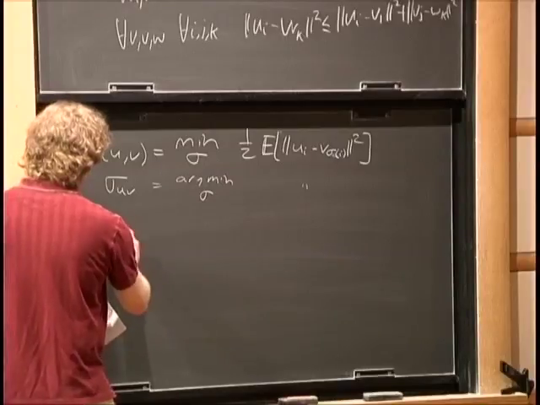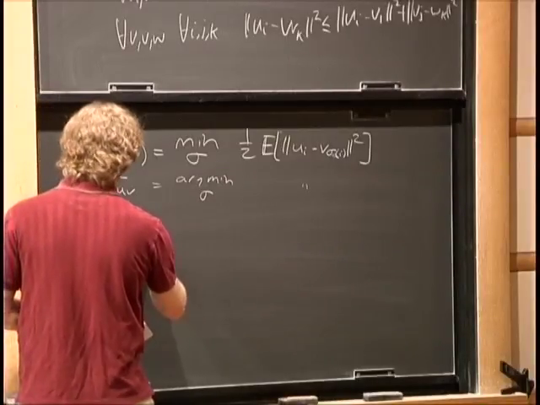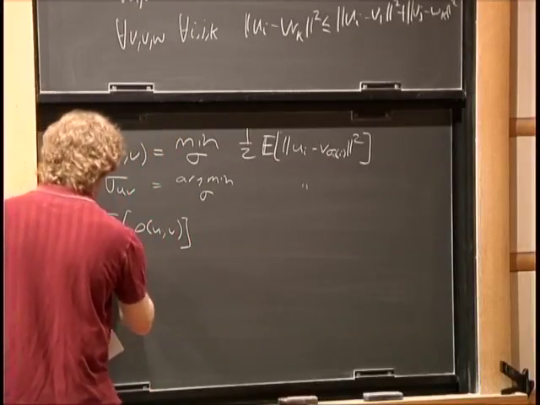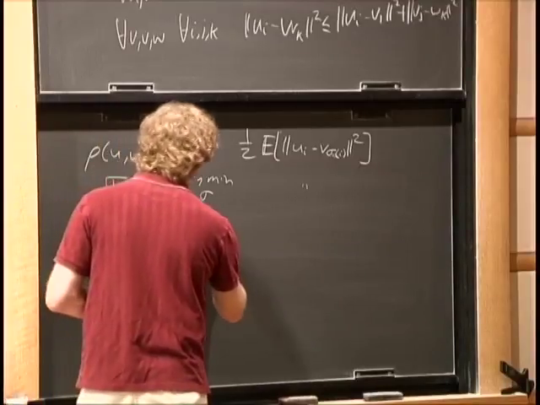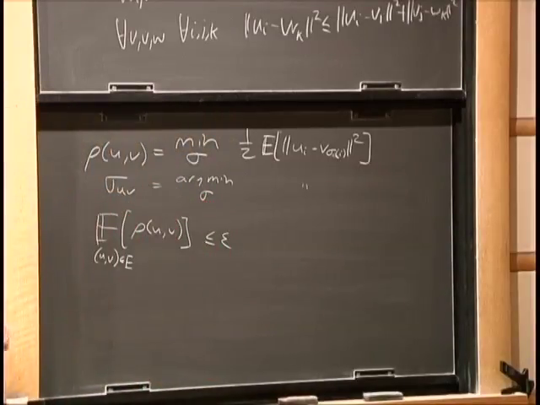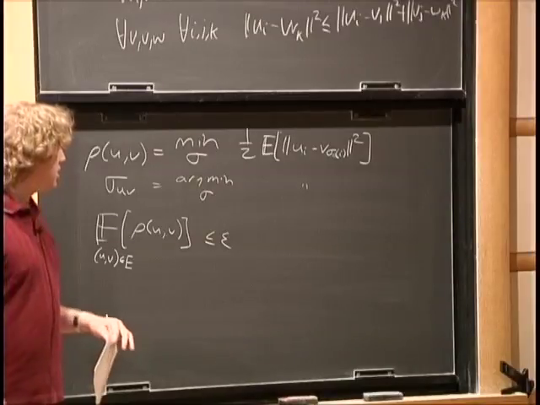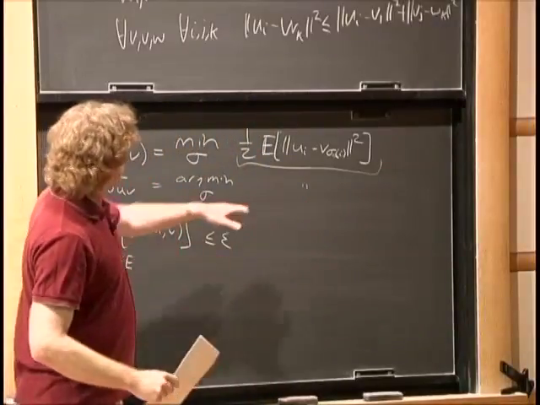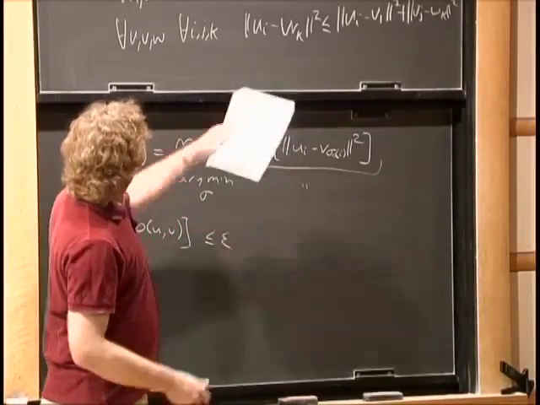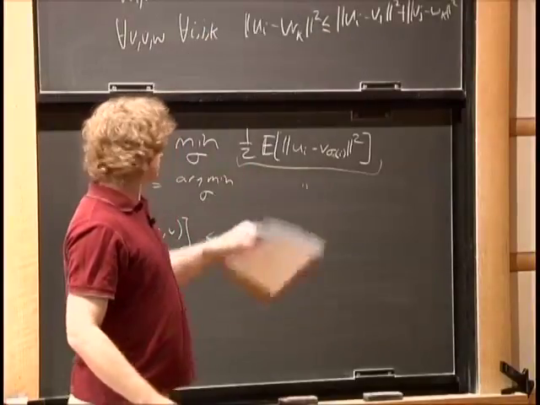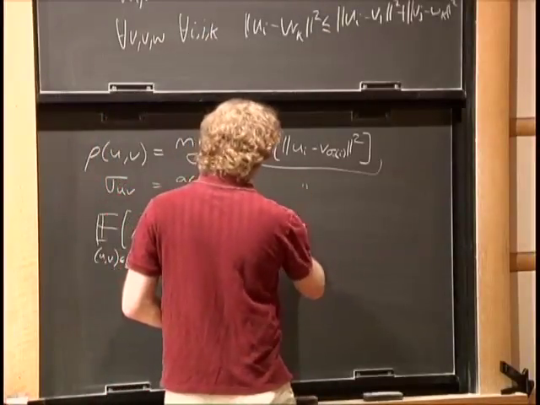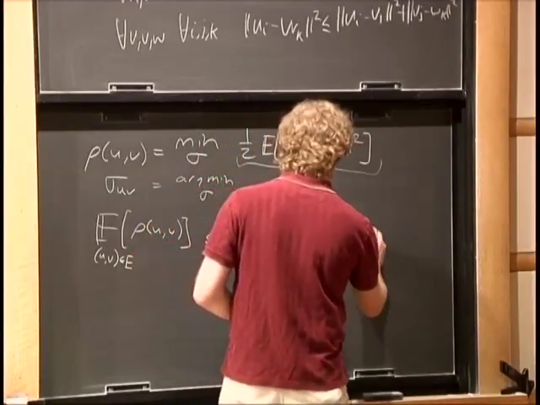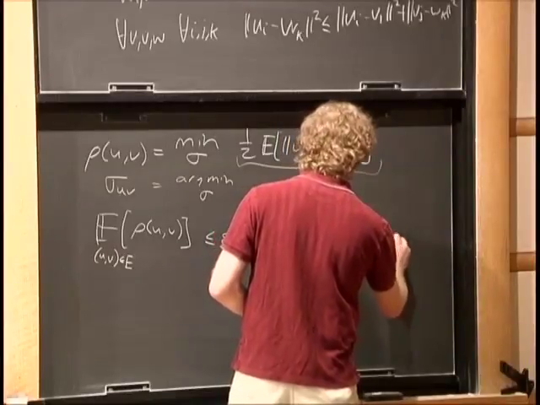We have that the average rho uv over edges is at most epsilon. And the idea for this is if we take this quantity and combine this with this fact, we get this quantity is equal to 1 minus u_i v sigma(i).